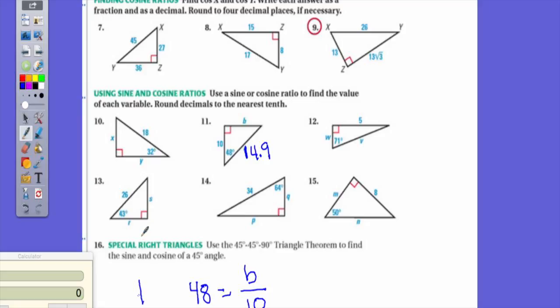Tangent. Opposite over adjacent. What is 48 tan? 1.1106, okay, times 10 equals B.